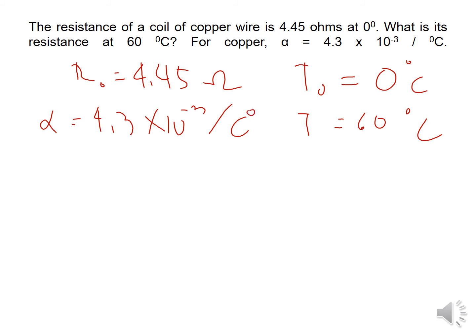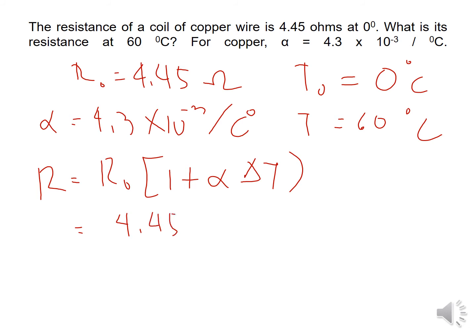So let's compute for the value of R. Again, the final resistance is R0 times (1 plus alpha delta T). So this is the equation. Let's just substitute the given. We have 4.45 ohms, this is R0, times (1 plus alpha), where alpha is the temperature coefficient, 4.3 times 10 to the negative 3 per Celsius degree, and that is to be multiplied by the change in temperature.